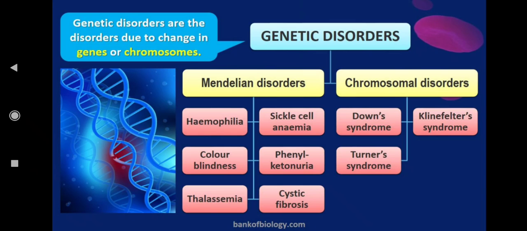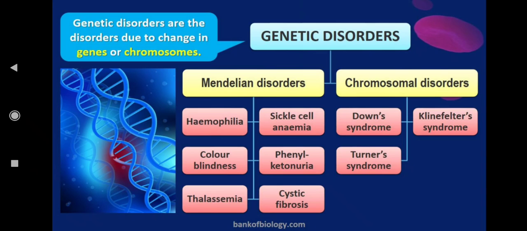So genetic disorders are classified into two, namely Mendelian disorders and chromosomal disorders. In Mendelian disorders, the disorder takes place in one or two genes, whereas chromosomal disorder is at the chromosome level.